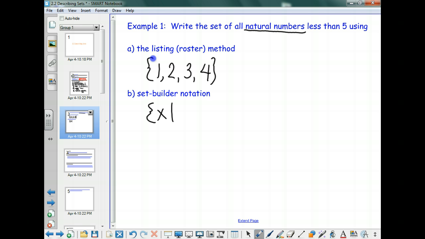So what do natural numbers have as their symbol? There's an N. Okay? So somehow I have to write down or identify that the kind of numbers I'm talking about are natural numbers. The way that we do that is this. We're going to write an X, just the same as the X from before. We're going to write that element symbol, and then we're going to write an N.